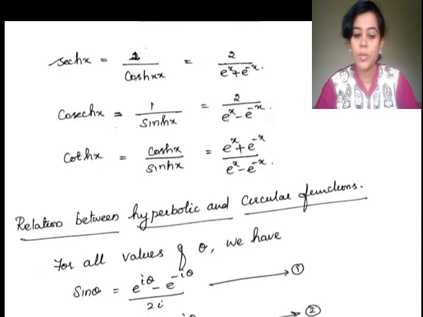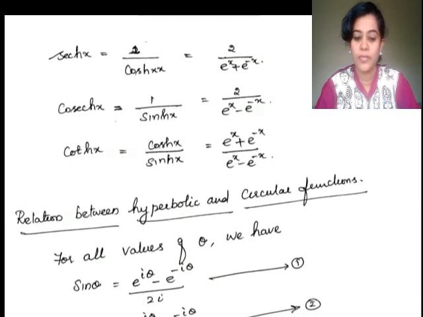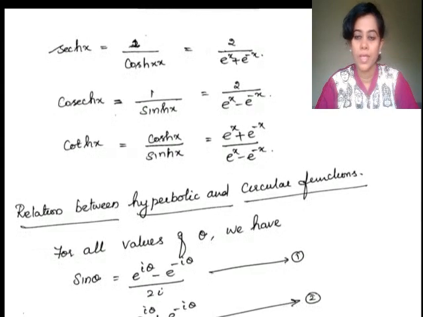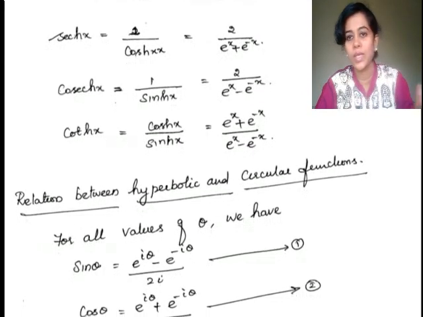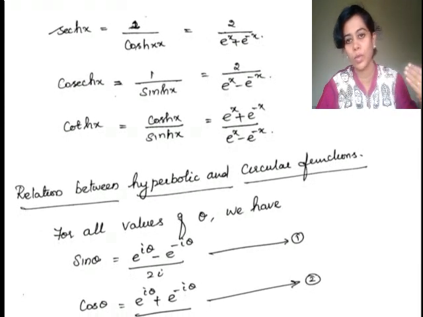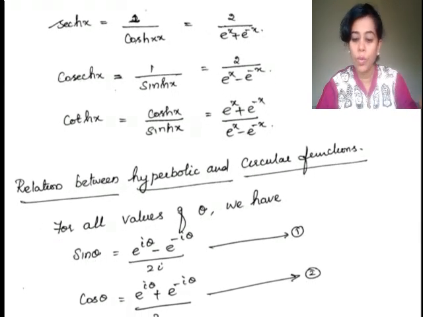Now we are going to discuss the relation between hyperbolic and circular functions. Previously we discussed what circular functions are and what hyperbolic functions are. For all values of theta, sin theta = (e^(i theta) - e^(-i theta))/2i.